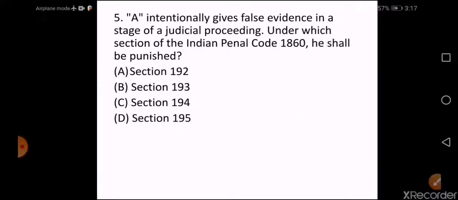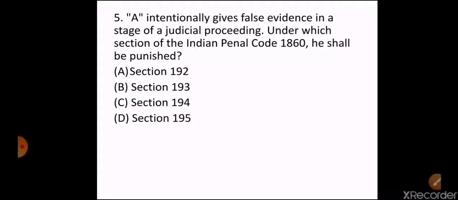The next question is, A intentionally gives false evidence in a stage of a judicial proceeding. Under which section of the Indian Penal Code 1860 shall he be punished? Let me read out the options for you all. Section 192, section 193, section 194 and section 195.